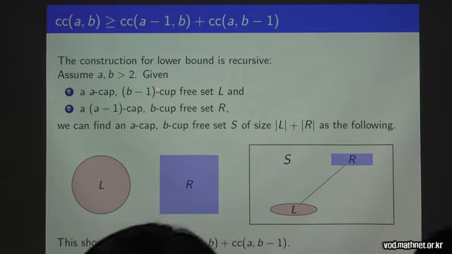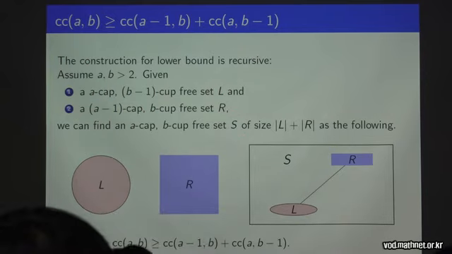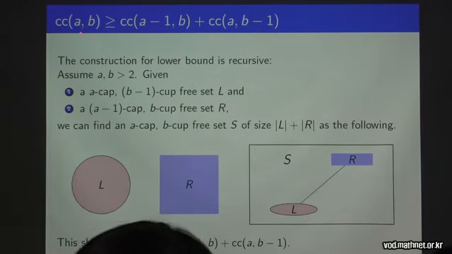So we have an A cap B minus 1 cup free set L and an A minus 1 cap B cup free set R by our recursive construction. And we want to construct an A cap B cup free set S, which is of the magnitude of the size of L plus the size of R.